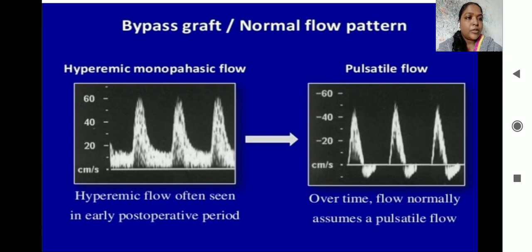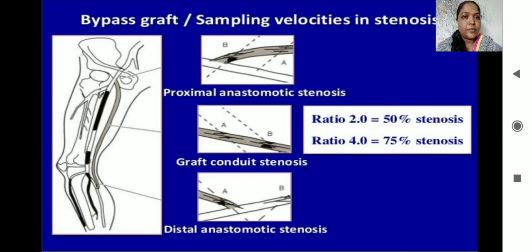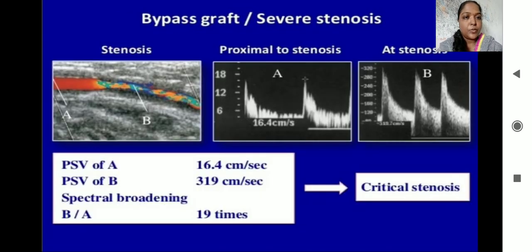Over time, the flow normally assumes a pulsatile flow. The causes of graft failure are either technical fault, neointimal hyperplasia, atherosclerosis or graft degeneration. We have to look for stenosis at the proximal anastomotic site, distal anastomotic site or graft conduit. Again, you have to measure the velocity ratio.